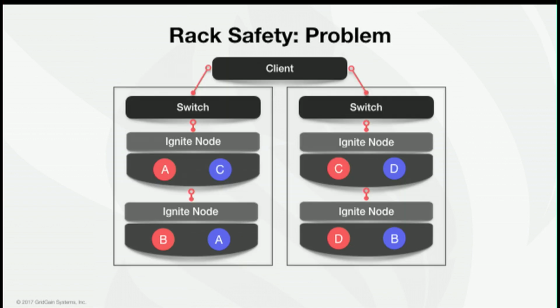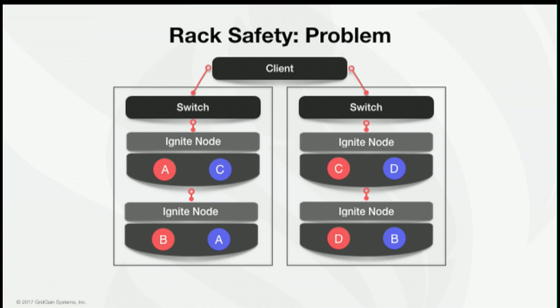All right, let's take a look at a bit more complicated example. Again, we have 4 nodes. We have a distributed cache with one backup, with some random distribution across nodes. But in this case, nodes are deployed on different racks of servers, or maybe availability zones in the cloud, or whatever, right?